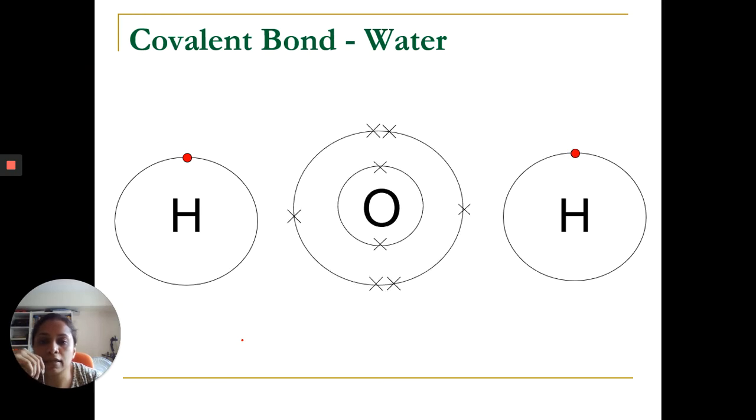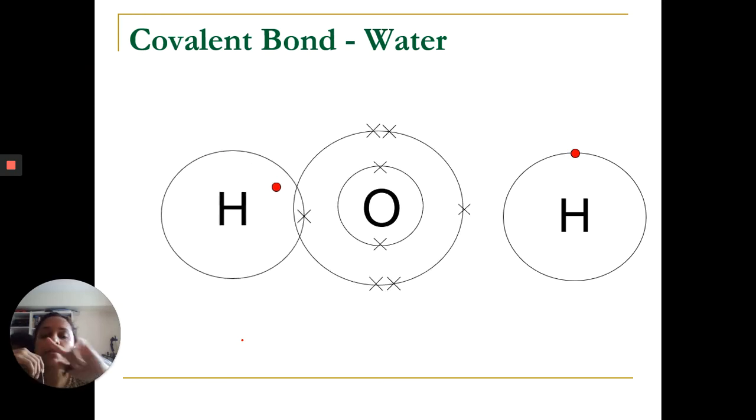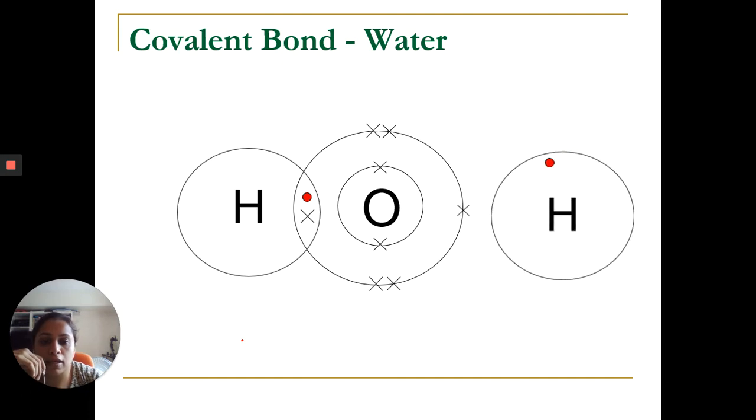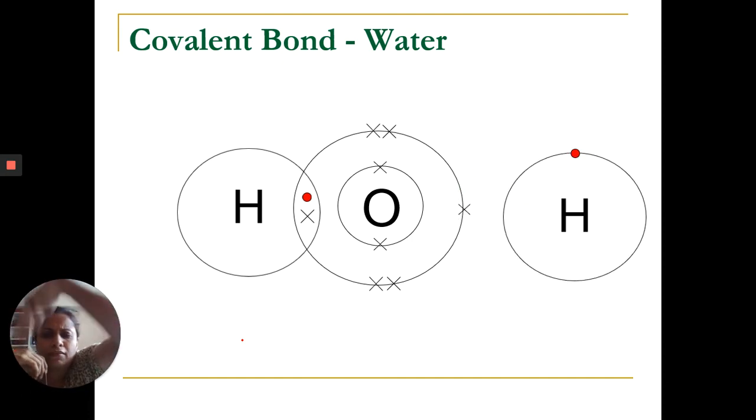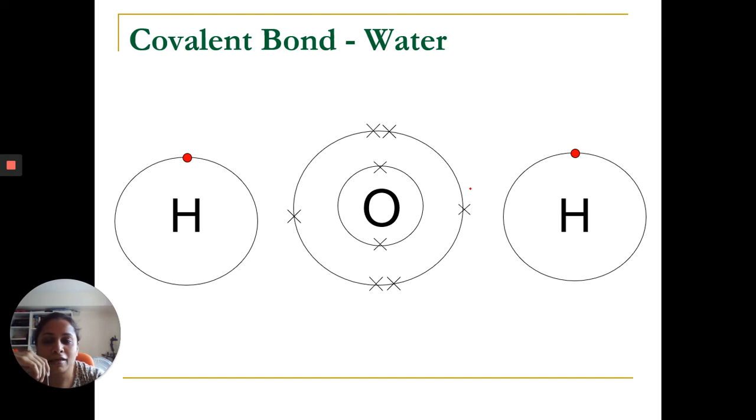This is another example. You can see hydrogen combining with oxygen to form water. Sorry about my son, okay? You can see this is oxygen. It has 6 valence electrons, so it's going to combine with hydrogen, which has 1 electron.